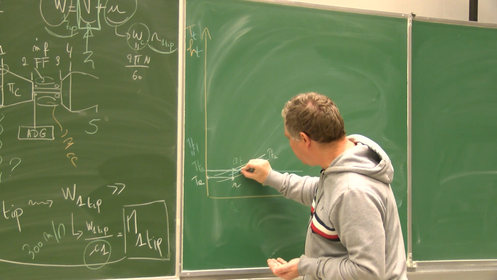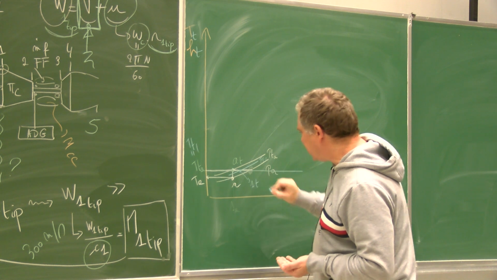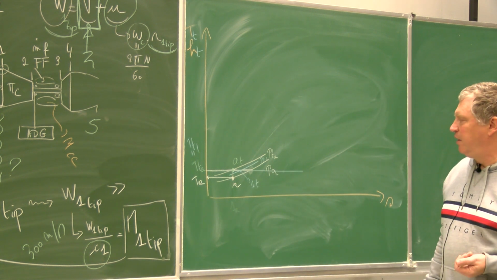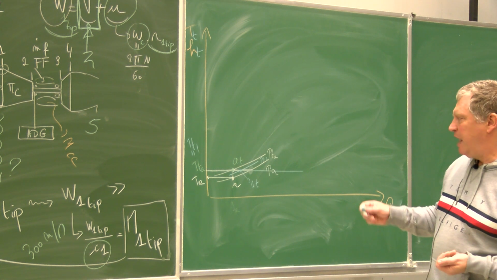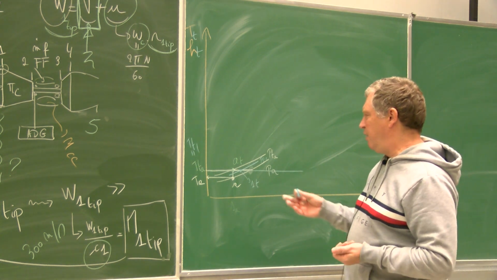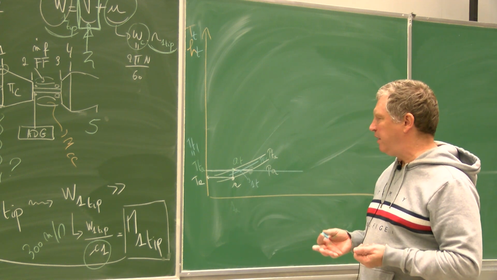So this is the point 1T that is at the entrance of the compressor.